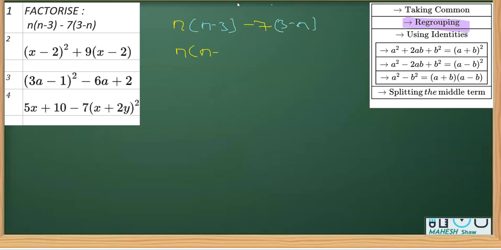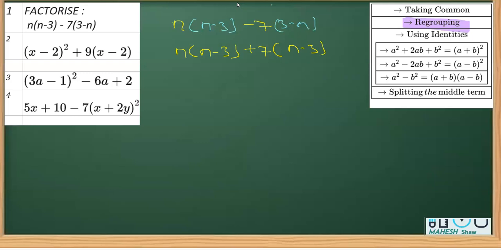If I take minus common from inside this bracket, then this minus sign will become plus, so it will become plus 7. And 3 will become negative and n will become positive, so it will become n − 3.